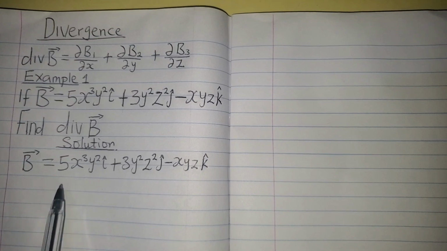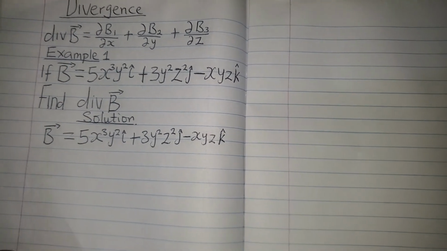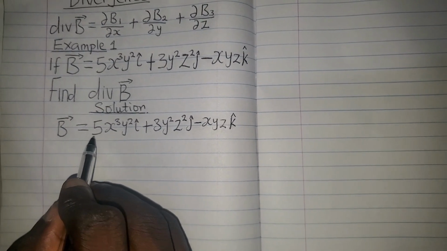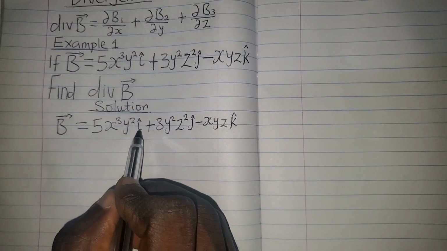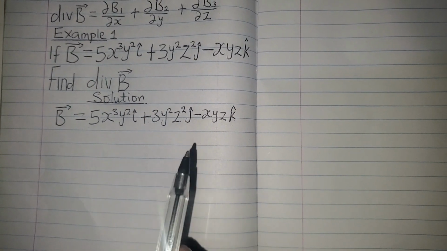Yes, as I've said, I will show you an easy way you can memorize this formula without stressing yourself. Now, you see this vector B, this i, j, k here simply tells us that it is a vector.